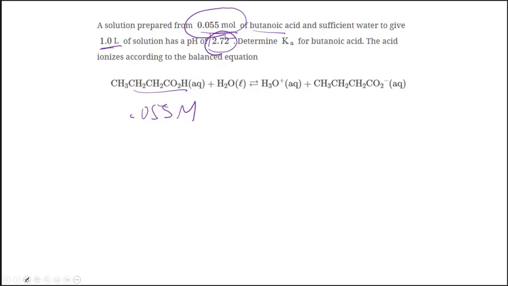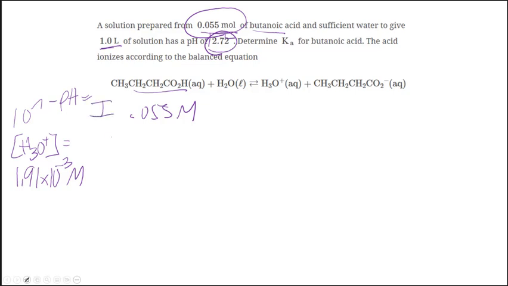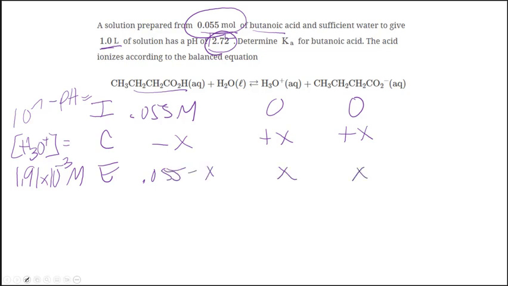So let's go right off the bat and do 10 raised to the negative pH to get the H3O plus concentration. There we go. I got 1.91 times 10 to the negative 3. Let's set up our ice table. This is my I, and I know that I initially have no products. We're going to lose reactants and gain products, leaving me with 0.055 minus x, x, and x. Let's set up our K expression.